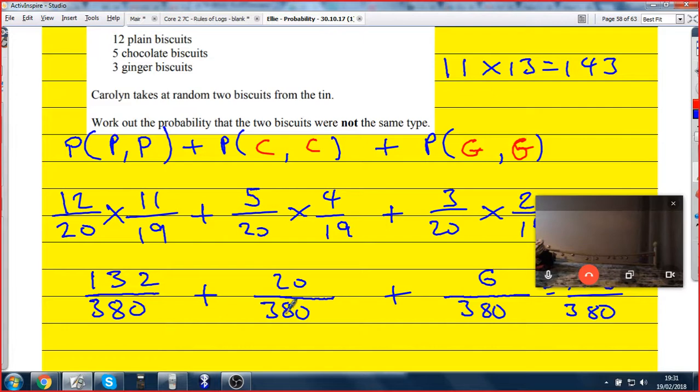Would you take away or? So at the end when you add them, would you take them away? No. If you rolled a dice, what's the probability it lands on a 4?